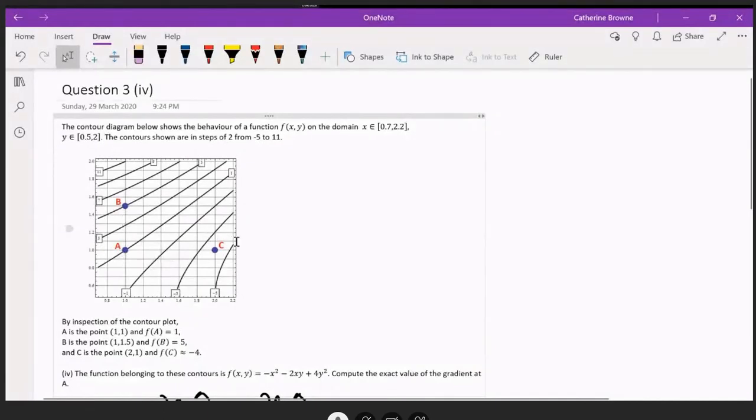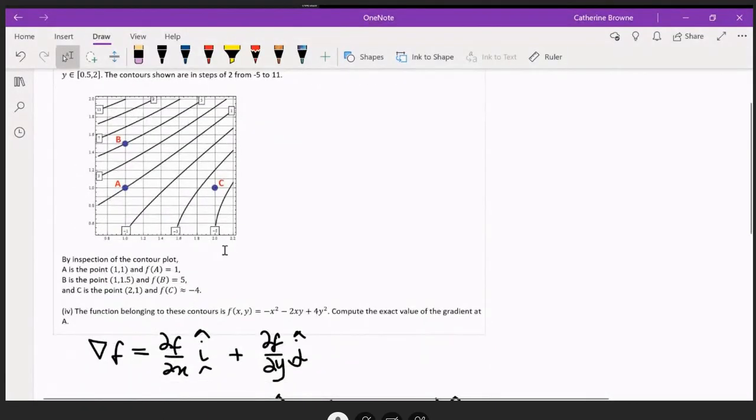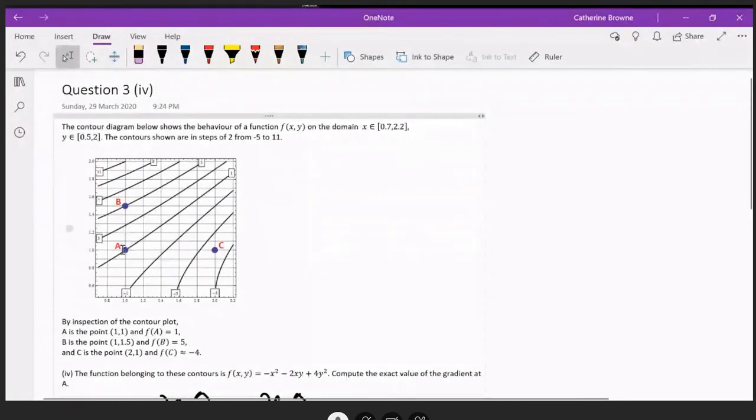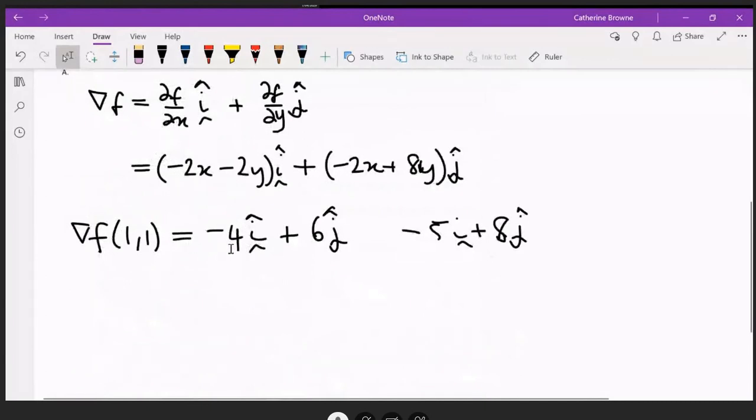But I don't think you have to actually comment on that. In the x direction, when you're going towards C, the function is decreasing, but as you're going up towards B, the function is increasing. So it makes sense that this is negative and this is positive.